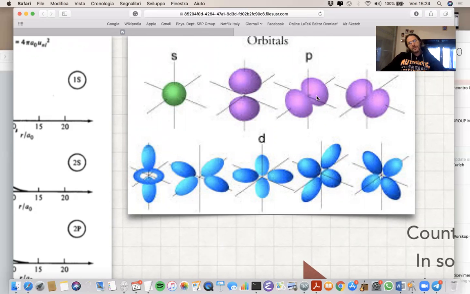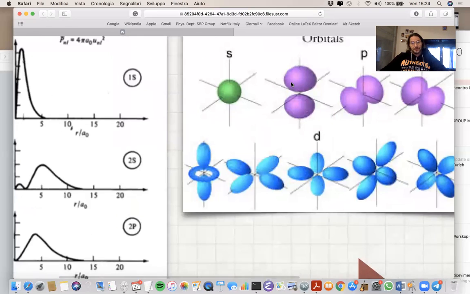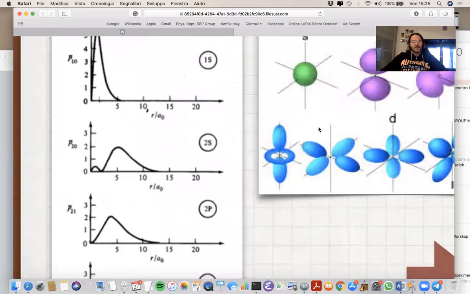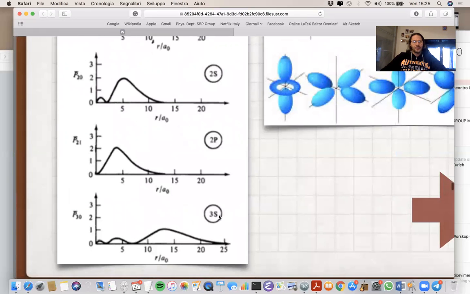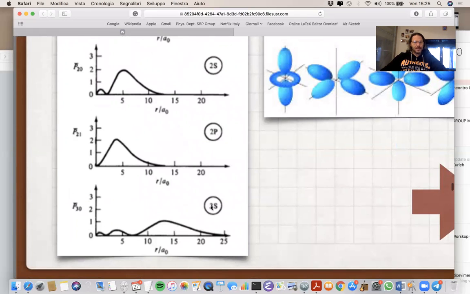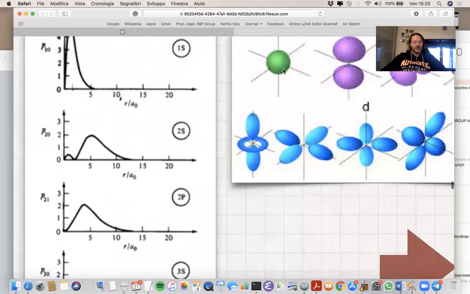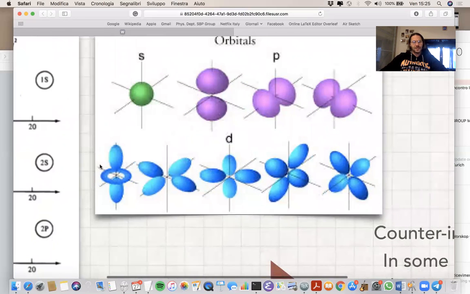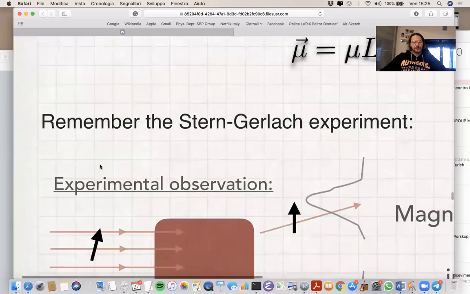And the other states will be symmetric over the other axes, but these are called P orbitals. So the wave function of P states will look like this. And then the third excited state is again an S state, again spherically symmetric. And as you go more forward, you get these states along the spectrum.